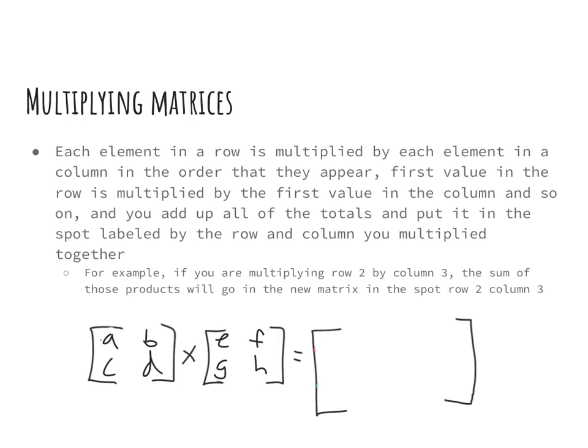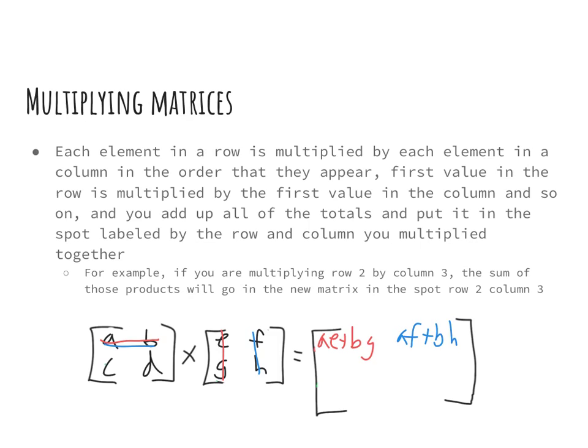So if we've got these two matrices together, if I take row 1 times column 1, I'd do A times E and B times G and add them together, and they would go in row 1, column 1, which is right here. Then I would take row 1 times column 2, so A times F plus B times H, and that would go in row 1, column 2.